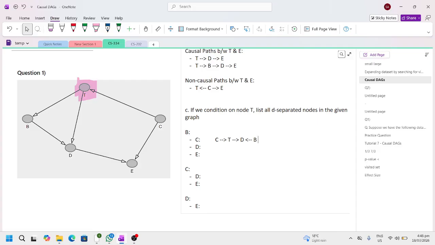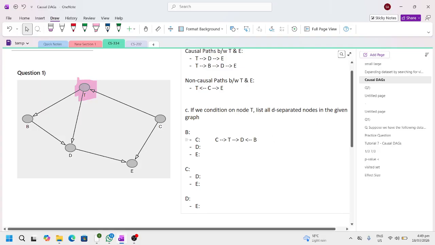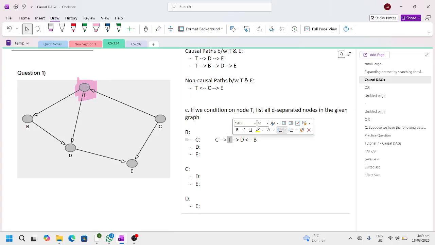अच्छा, the thing about a path like this is कि जिस path में collider exist करता है वो path already blocked होती है। So ये वाली, okay, path पहले से blocked थी। अगर इस path में मैं D के ऊपर condition कर देती तो ये path open हो जाती, but मैंने T पे condition किया है which is as good as doing nothing. So T पे condition करने से कोई फर्क नहीं पड़ता, this path was already blocked, it's gonna remain blocked, because हमने slide में ये देखा कि conditioning on a collider or the descendant of a collider opens this path.